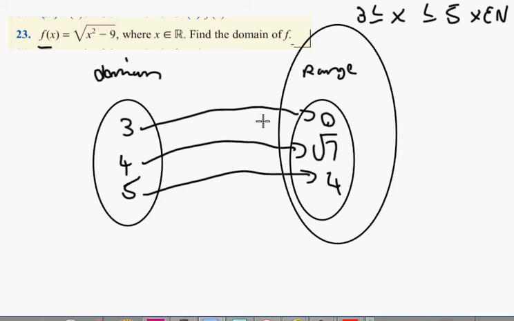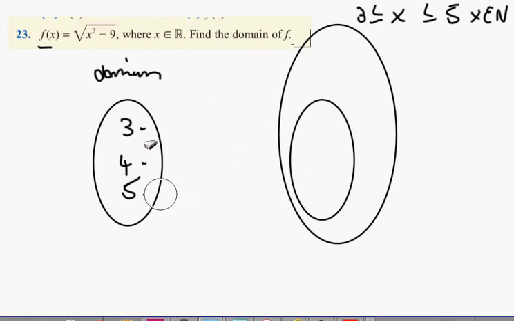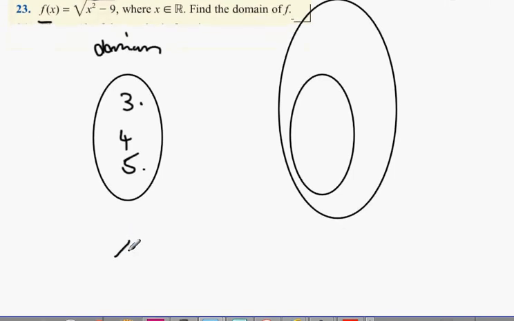Okay? Now, the problem here with the range is, imagine I didn't limit it. What numbers are not possible in a square root sign? Any minus numbers whatsoever. So what we've got to figure out is, for what values is x squared minus 9 smaller than 0? It's an inequality.